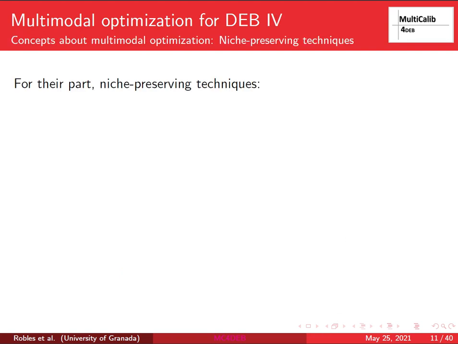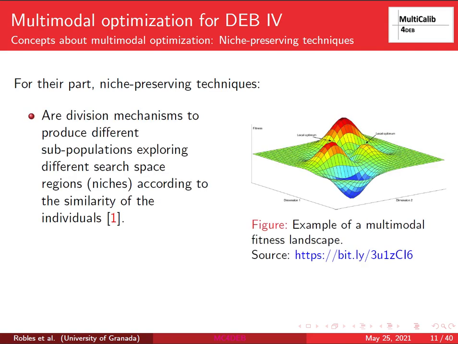Niche-preserving techniques, for their part, are division mechanisms which aim to maintain diversity in the evolutionary algorithm's population. Then, the evolutionary algorithms exploit the different areas of a problem search space, while niche-preserving techniques explore the space itself.